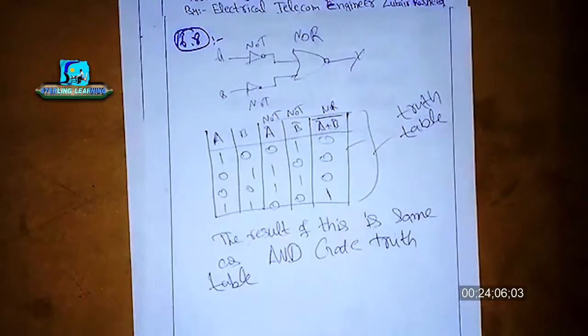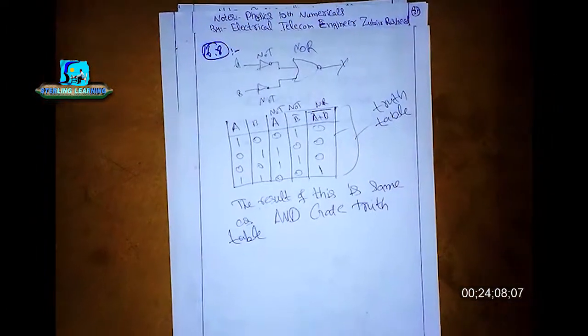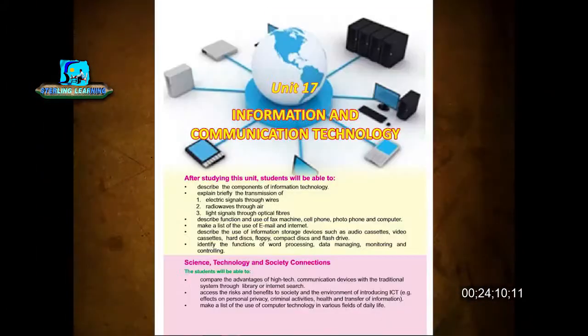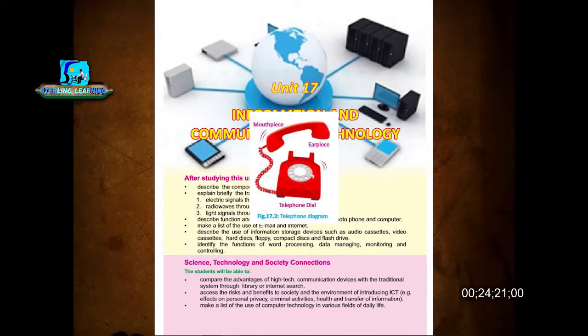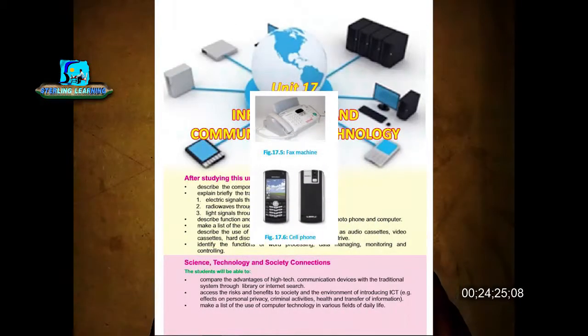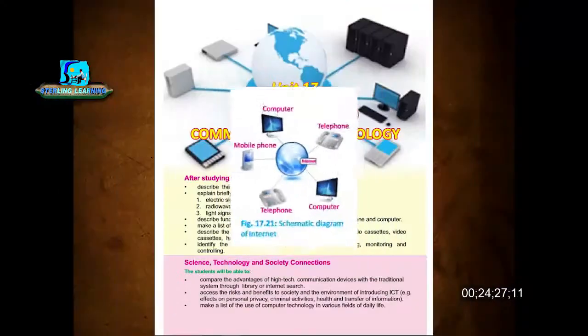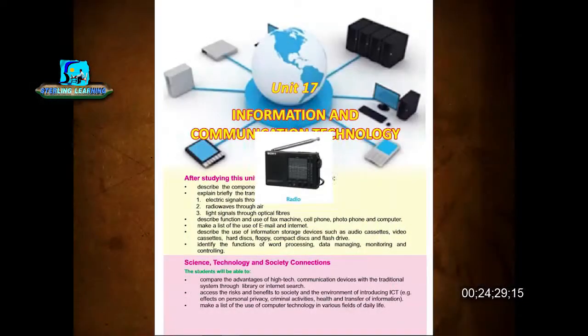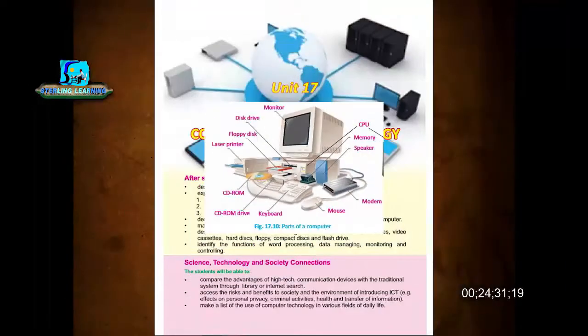Okay, now we have done chapter 16. Chapter 17 is all about information and technology. It contains everything from your simple telephone to today's smartphones, mobiles, internet, radios, computers, screens, laptops.